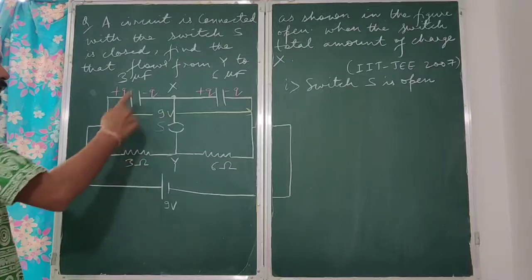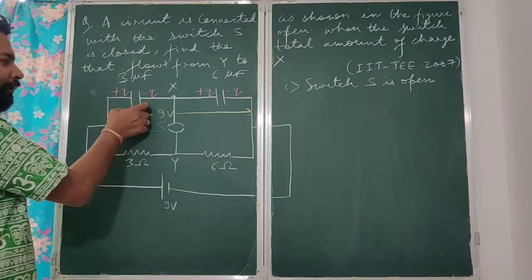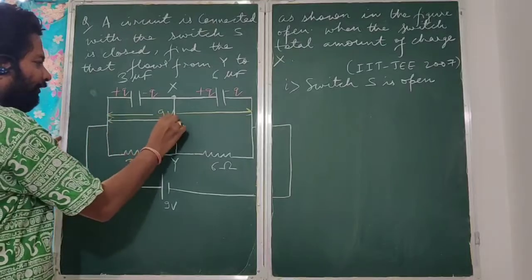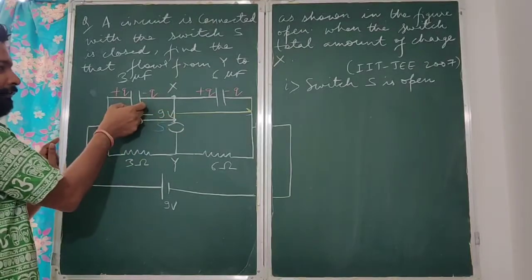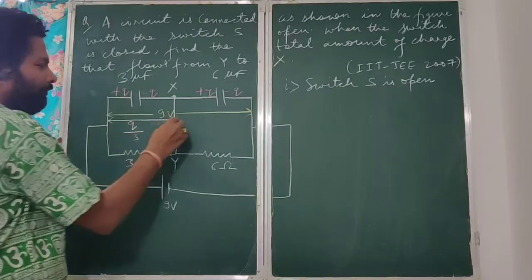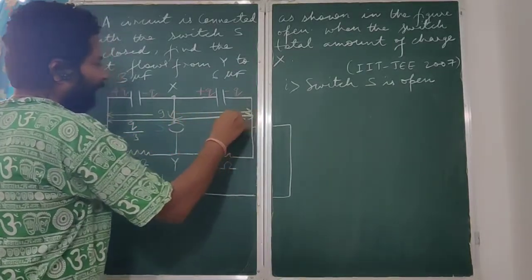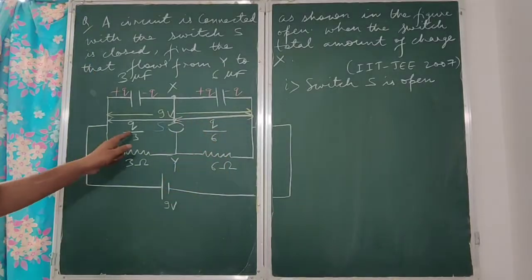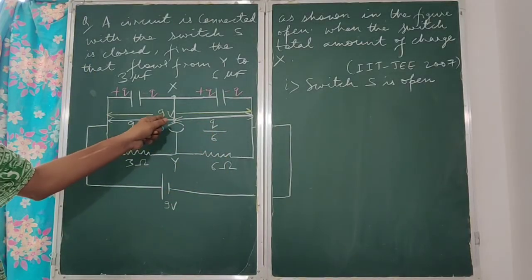So you know Q is equal to C into V. So V is equal to Q by C. So here what will be the potential difference that will get developed across the end of this capacitor? It will be Q by 3. What about this? It will become Q by 6. So Q by 3 plus Q by 6 should be equal to 9.